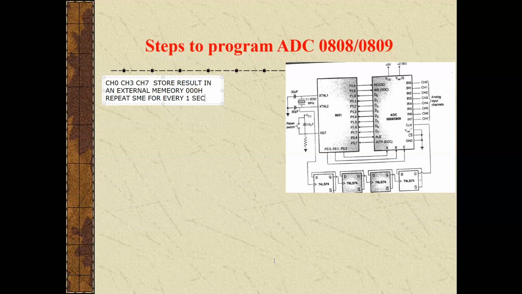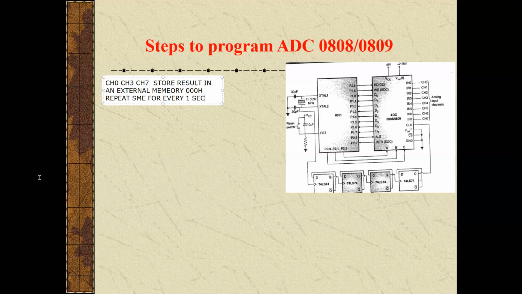So this is the program. We have to write an assembly language program to convert the analog signal appearing on channels CH0, CH3 and CH7 and store the result into the external memory starting from location 000H, and perform the same operation after every 1 second.